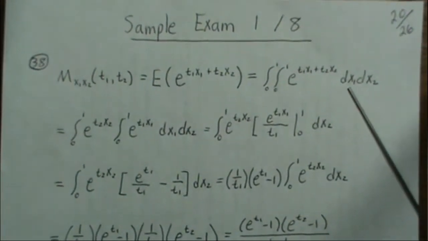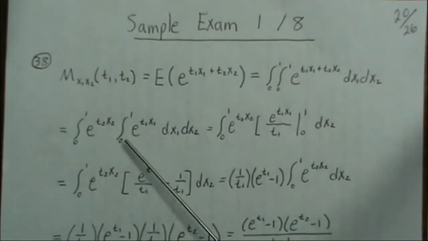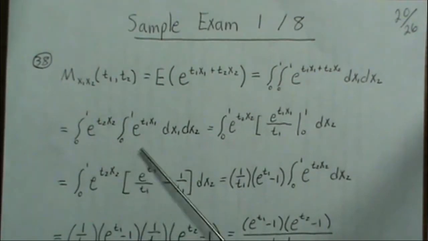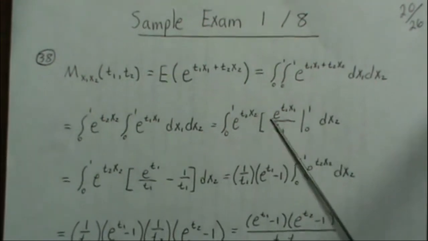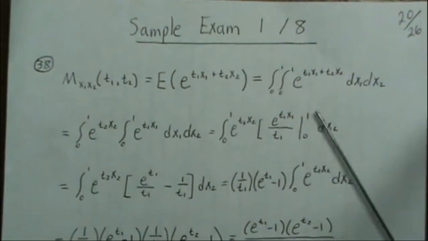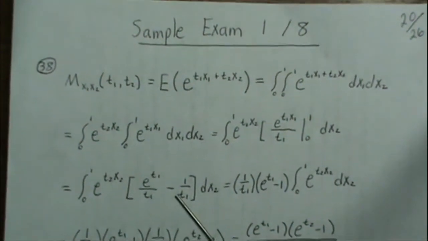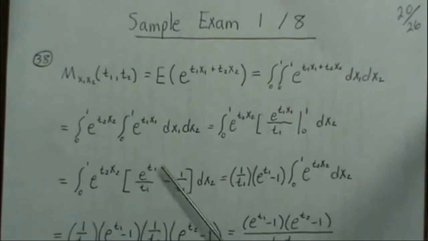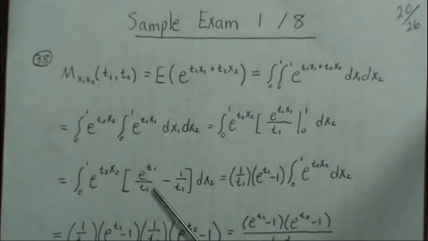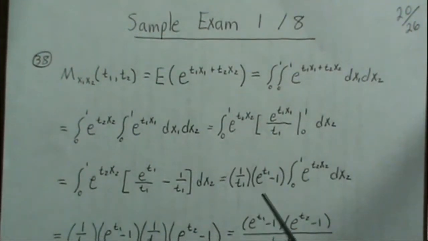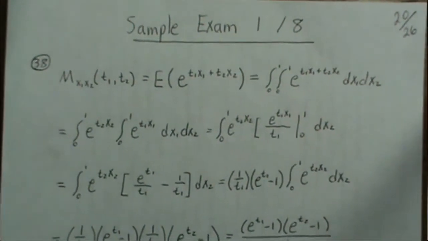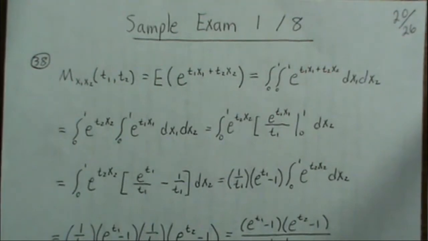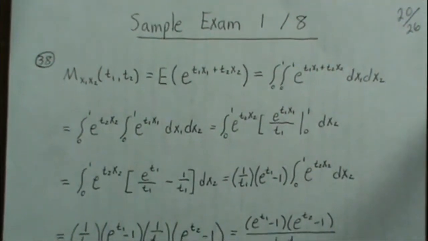Well, since we're integrating with respect to x1 first, let's factor out x2 and integrate this. Well, that is the integral of this, so plug in the values. Now this is constant, so you can take it out of the integral and just integrate with respect to x2, and you get this, and then that simplifies to this, which is one of the answers.